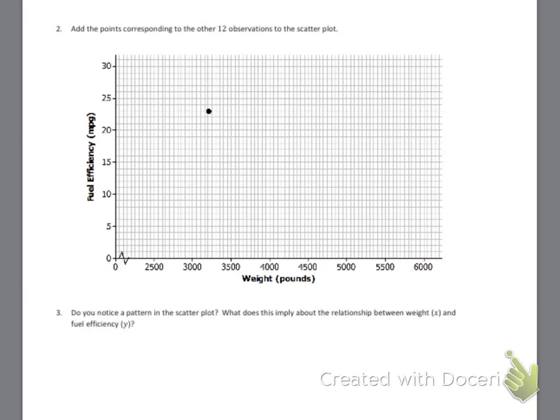Let's see if we can get that one on here. 2550 would be, using my arrow, 2,500, and this is 3,000. So we need to figure out how much each of these little lines stands for.